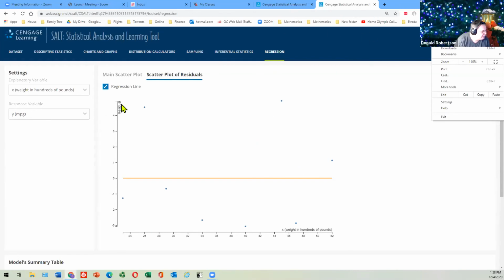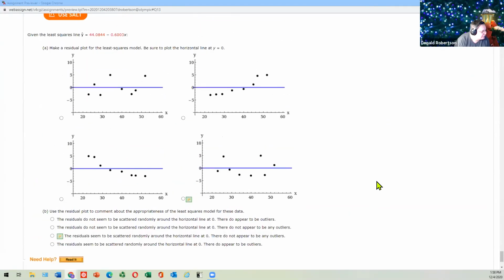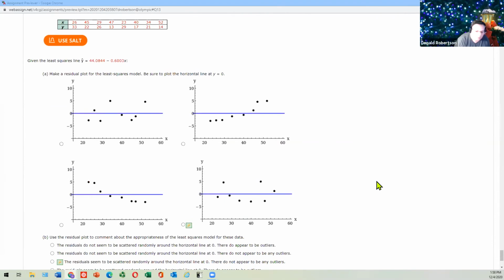Now I'm going to try and keep that picture in my head, and then I'm going to go here, and from what I have, which is easier for me because I can look at both, the guy that looks closest to what I've got, oh, there it is, that one.